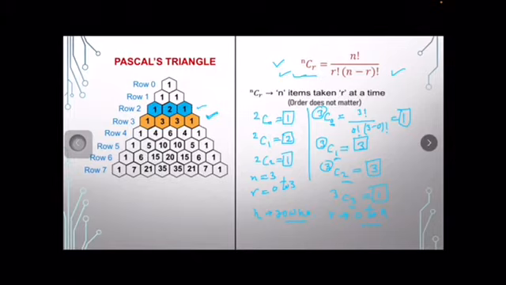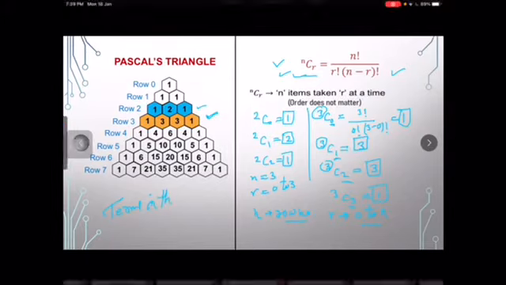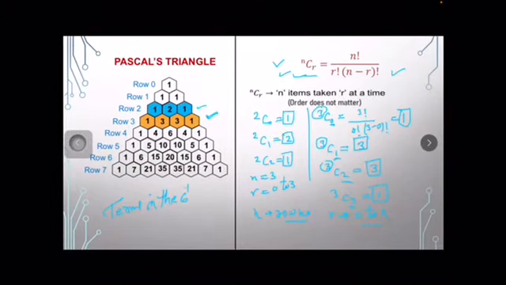Okay, so if I ask you what will be the terms in the sixth row, what will be the values in the sixth row?